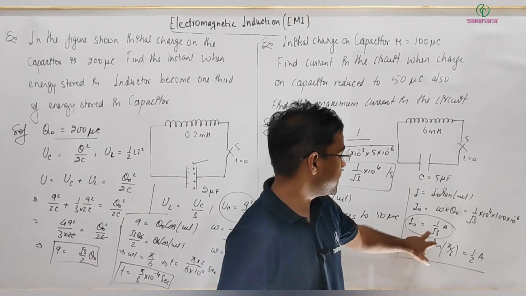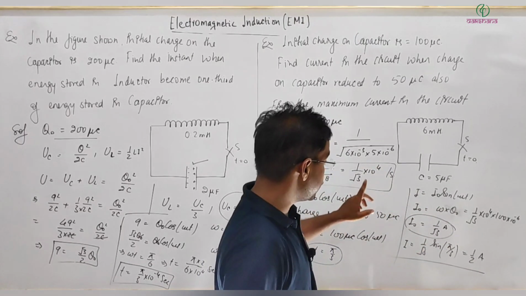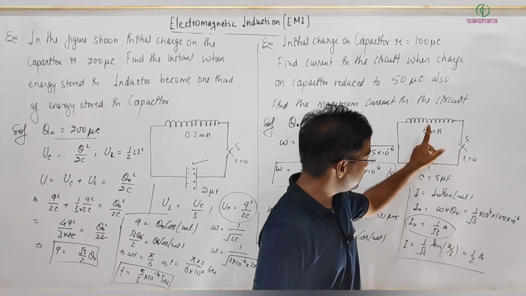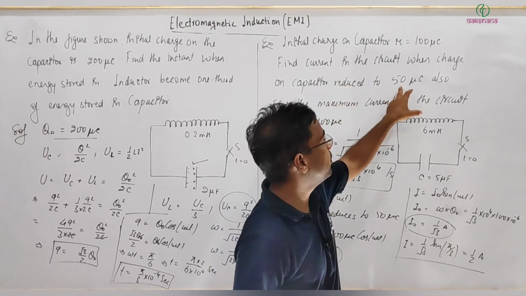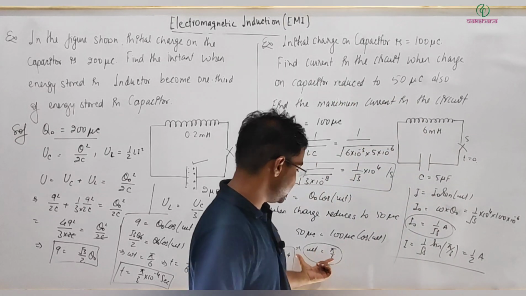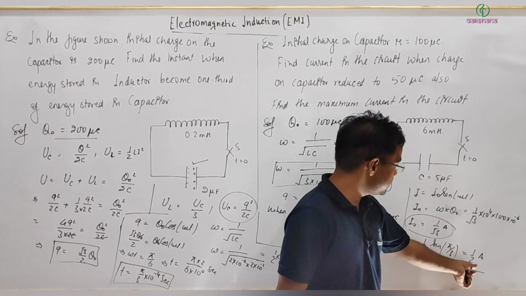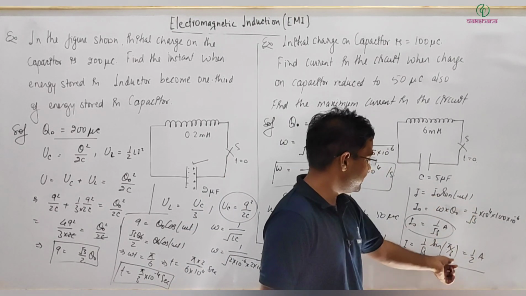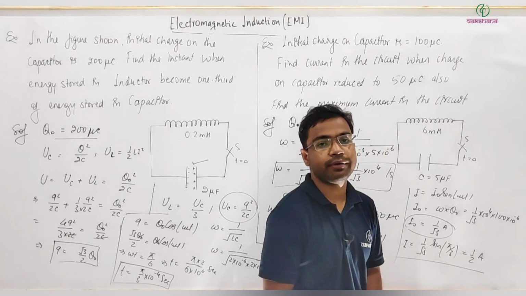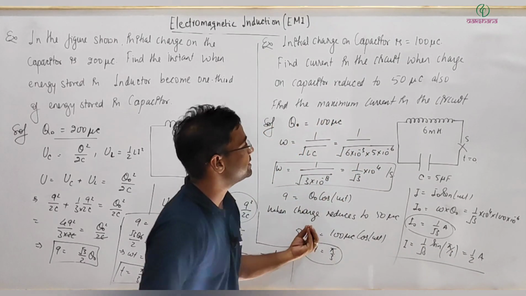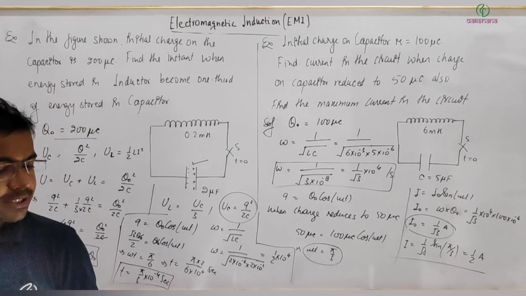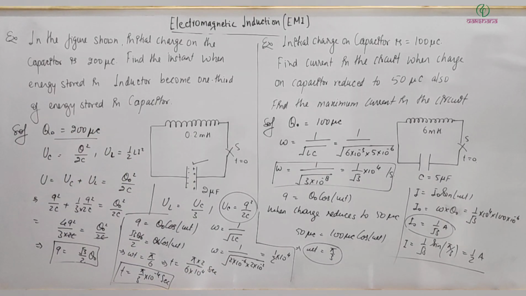So the current in the inductor when the charge becomes this much is half ampere. So these are simple applications of the LC oscillator. Let's see some more problems.